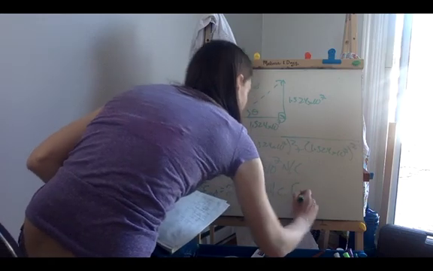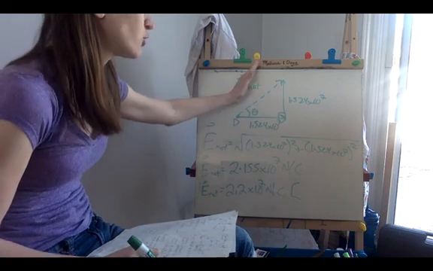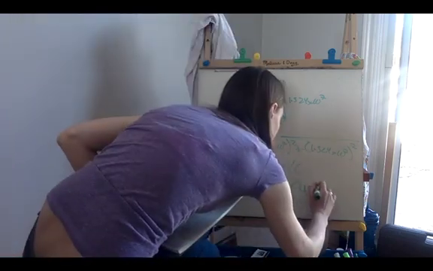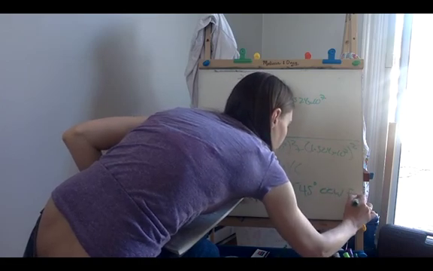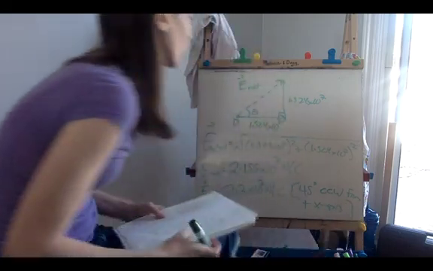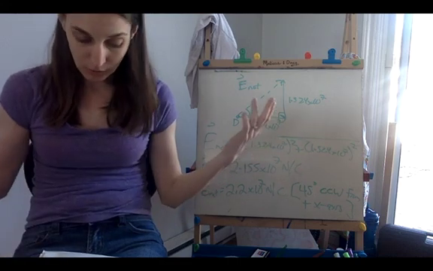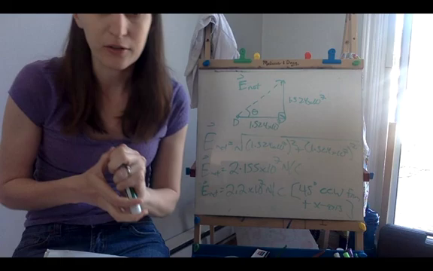And then we could describe that as 45 degrees counterclockwise from the positive x-axis, or east 45 degrees north, okay? So there you go. Putting it all together, okay?